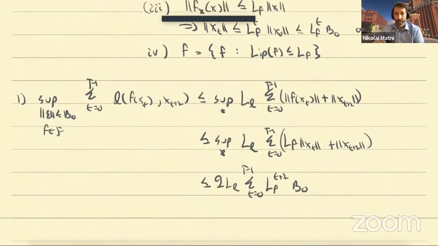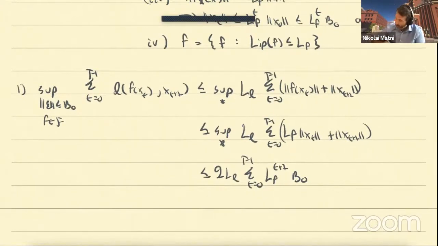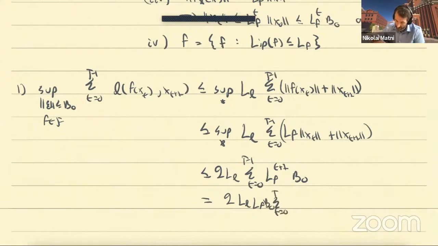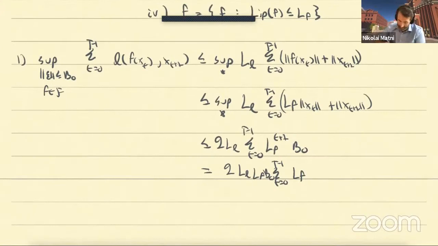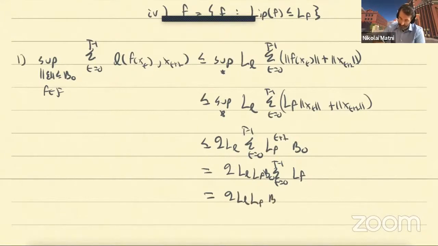We're just unrolling dynamics and collecting like terms. You can see that this is an upper bound to that. And so you can pull this out. This is equal to 2 L_ℓ L_F B0 times the sum over t equals 0 to T minus 1 of L_F^t. So then I can bound this. This is actually exactly equal to 2 L_ℓ L_F B0 times a partial sum. So there should be a T there.